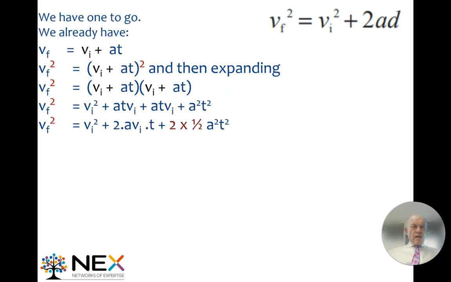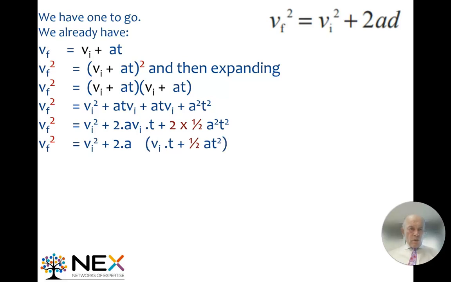We can then start gathering some terms, and we have 2 times a times Vi t. Now I'm also going to add in here a little artifact. If I multiply the last term by 2 and also by a half, I have no net effect, but it gives me a big plus. I can then pull out 2a as a common factor from the last 2 terms.